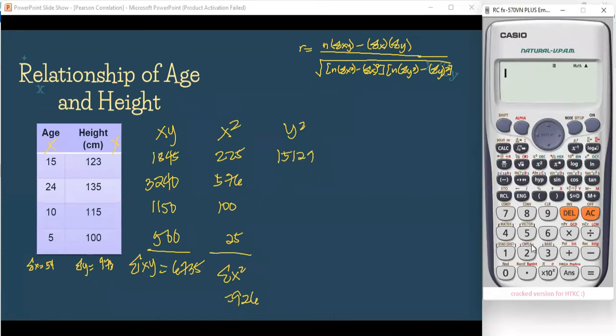And 135 squared, that is 18,225. 115 squared, that is 13,225. And then 100 squared, that is 10,000.